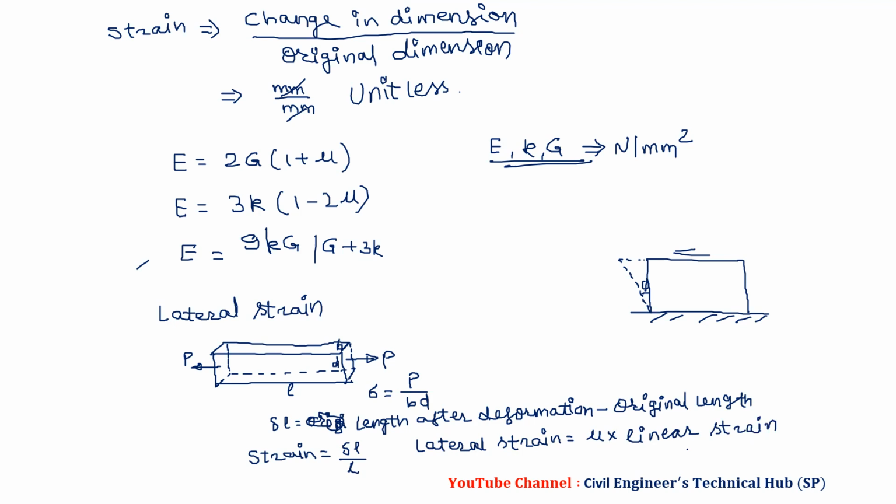Or you can say Poisson's ratio. Poisson's ratio mu is equal to lateral strain upon linear strain.